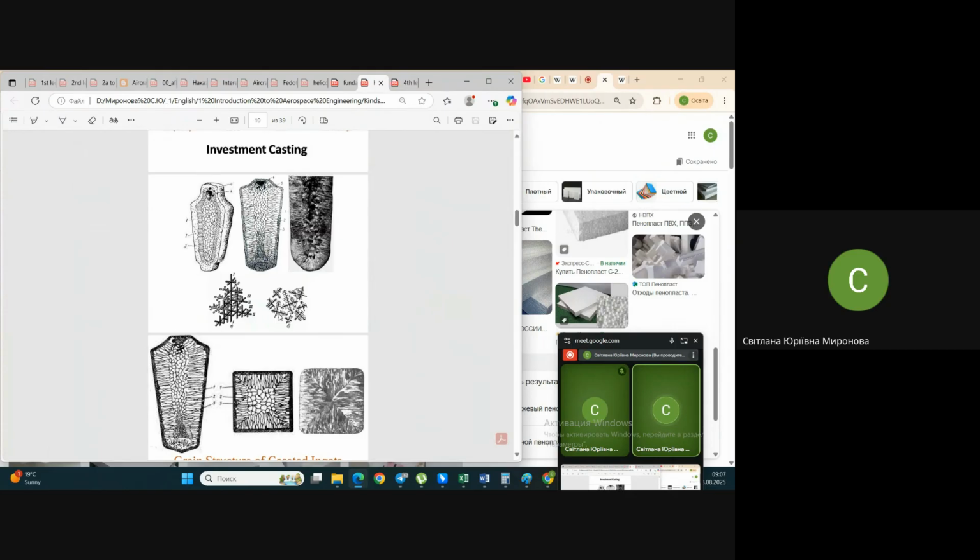Typically, we are used to thinking that casting is a rather rough process which results in poor quality. Yes, typically, yes. And in aircraft manufacturing, casting is practically not used, especially for metals.